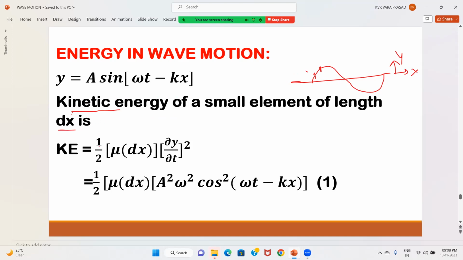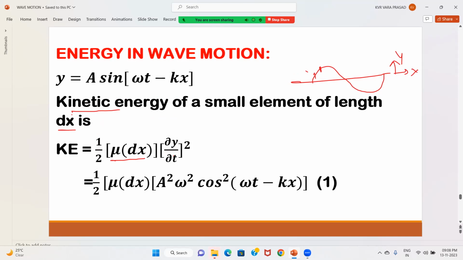Kinetic energy equals half m v square. m is mu into dx, the length of the element dx. Mu is mass per unit length, so mu into dx gives the mass of that element. Velocity of the particle is dou y by dou t.